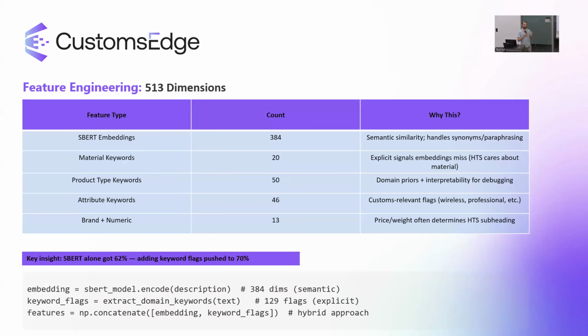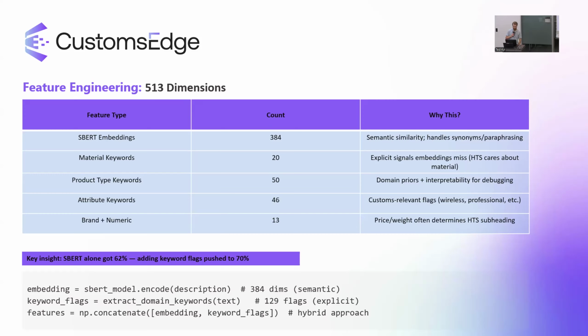So now let's talk a little bit about what I know the least about. And this is the feature engineering. And we've got Expert, which I believe is just kind of semantic embeddings, turns it into a bunch of numbers that we can compare relatively simple. And then we've got material keywords, product type keywords, attribute, and then brand, and then numerical values like price, dimensions, weight, country of origin.